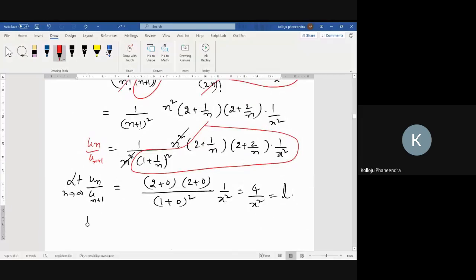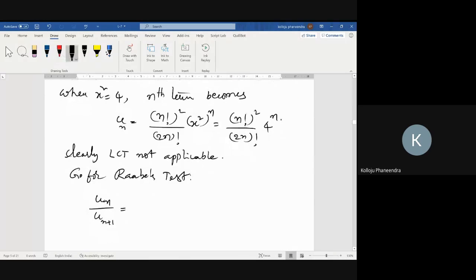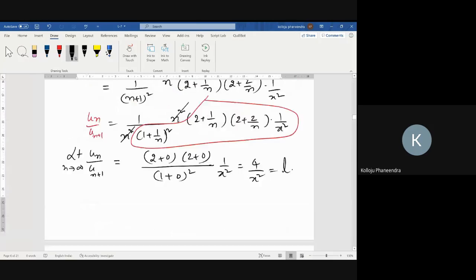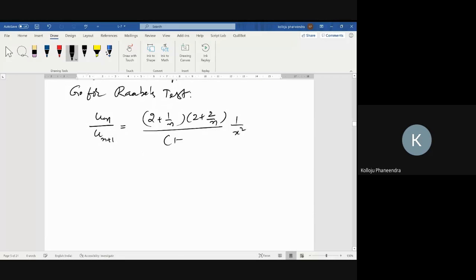This is 2 plus 1 by n, 2 plus 2 by n by, this is 1 by x square now. Is it correct? Yeah, 1 by x square, 1 plus 1 by n whole square. And minus 1 I have to consider.